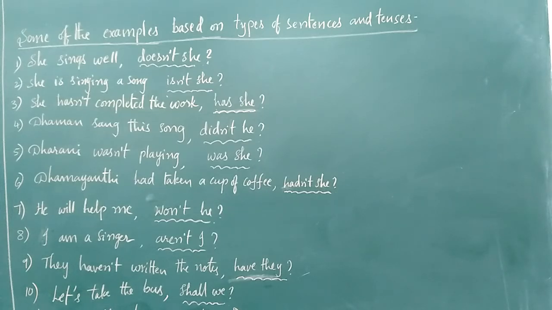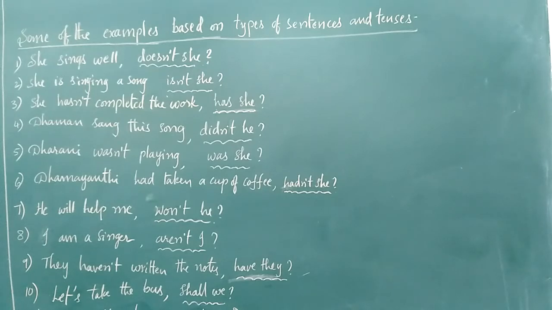Next, third one, she hasn't completed the work. See, it is in present perfect tense, right? Has is the helping verb here. So with the same helping verb, the question tag starts. The given statement is in negative form, that's why the question tag is in positive form. Has she is the answer to this one.